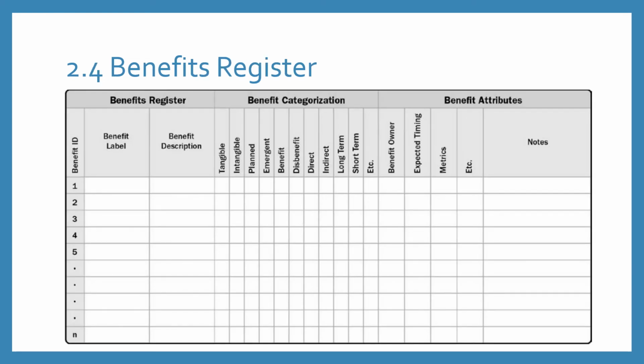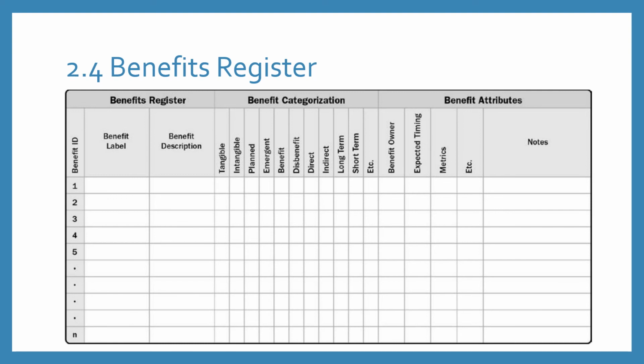The fourth BRM tool is the benefit register, where you capture all the benefits. It captures the benefit label, description, and its categorization and its attributes. So whatever we are seeing in the picture is a simple example of the benefit register. Just similar to a risk register, we can keep a benefit register.